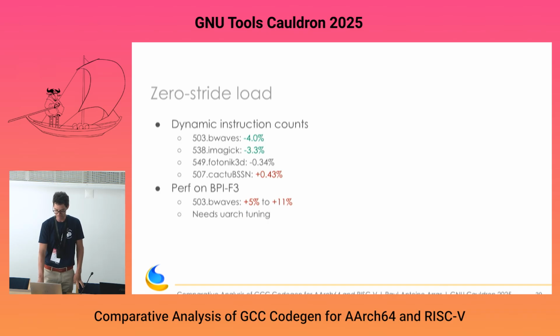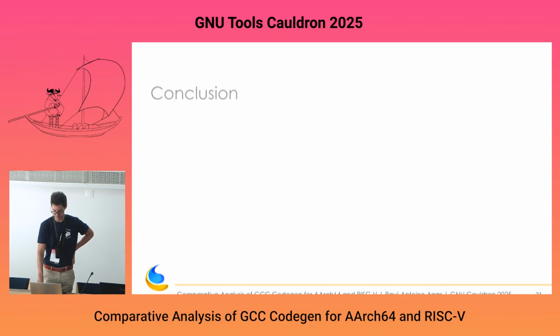So if that has to go anywhere, it will need some kind of microarchitecture tuning or something like that, because obviously, at least on the BPI, it's just pessimizing rather than anything else. I just posted the patch earlier this week, so that's really a work in progress.